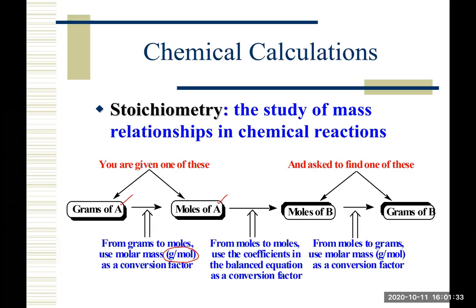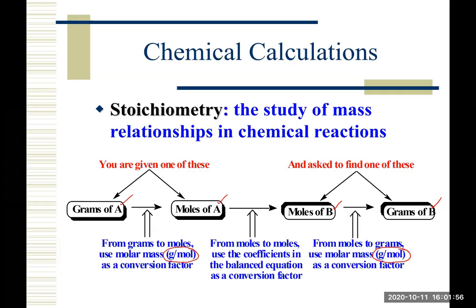Also, if we want to go from moles of substance B to grams of substance B, again, we're going to use molar mass because the molar mass contains the units grams and moles. And we could go from grams of B back to moles of B, again using molar mass. We would just flip the conversion factor appropriately so we can cross-cancel.